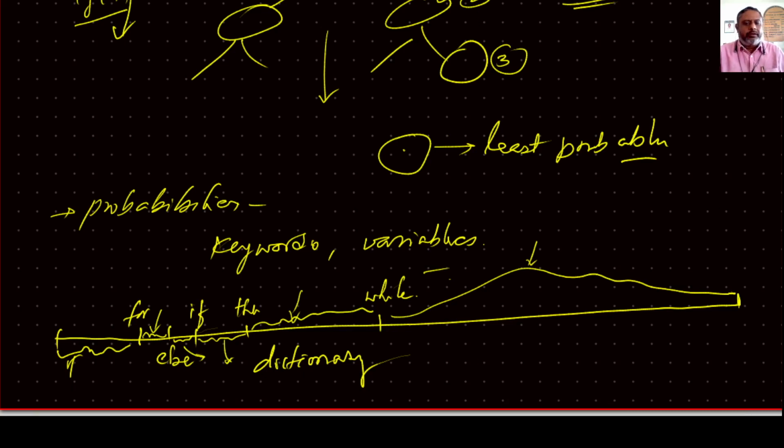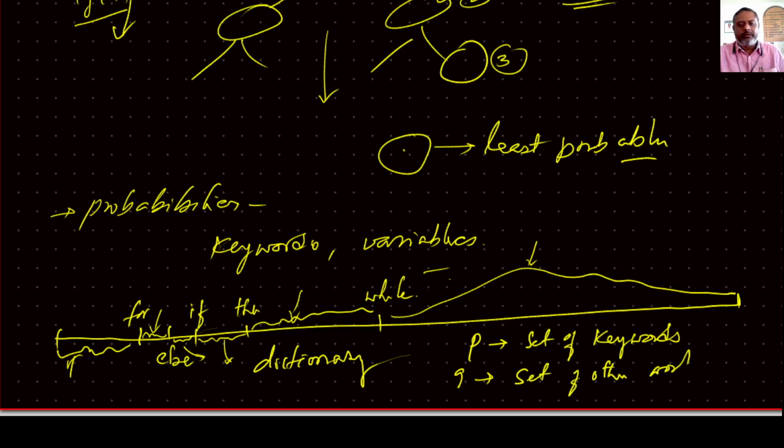Now at the end, what is important is, we have two sets. One set is the set of your keywords, and the other one is the set of other words used in your code.